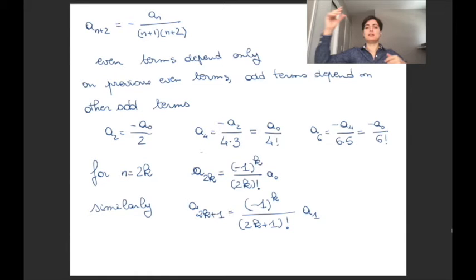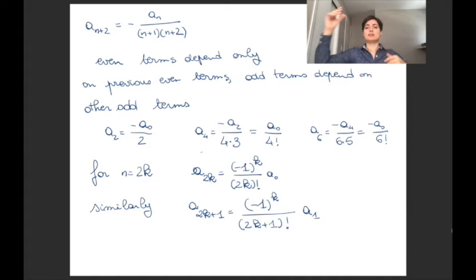In general, if we want to write n equals 2k, the even term a_2k, if you check the pattern that we're following, a_2k is equal to (-1)^k divided by (2k) factorial, all of this multiplied by a0. And you can do the same approach to look at odd terms, so terms that are in the shape a_(2k+1).